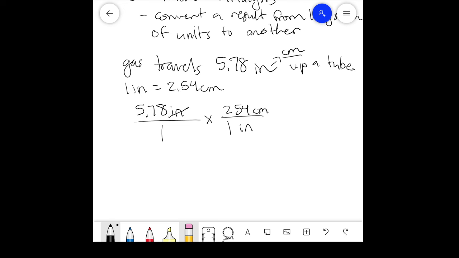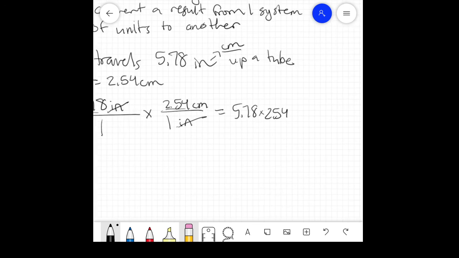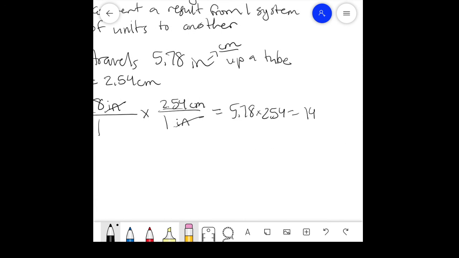Now see our inches cancel out. We're left with centimeters. Then just multiply: 5.78 times 2.54, and you get 17.7 centimeters. Don't forget about sig figs, which I'll go over in another video, and that's dimensional analysis.